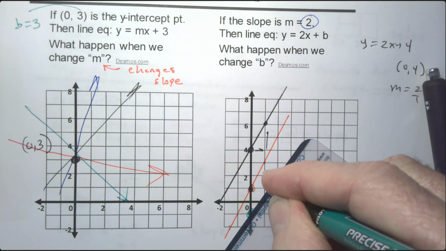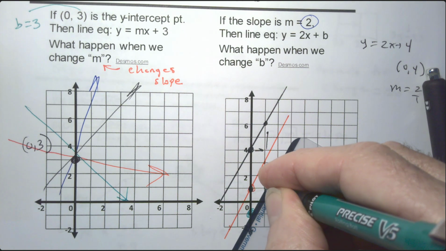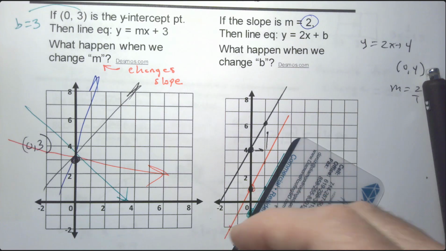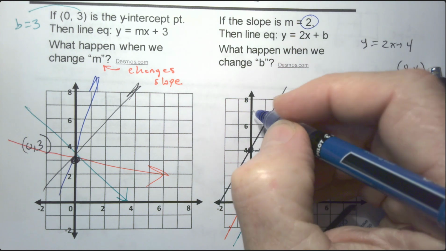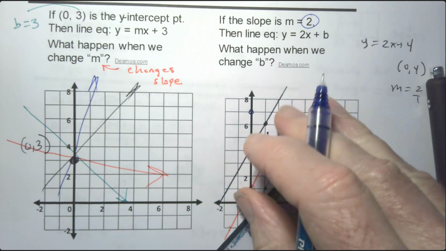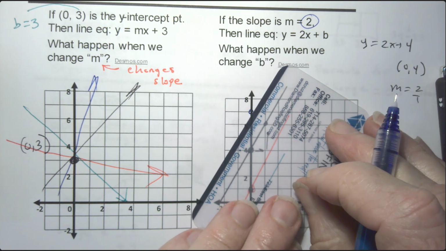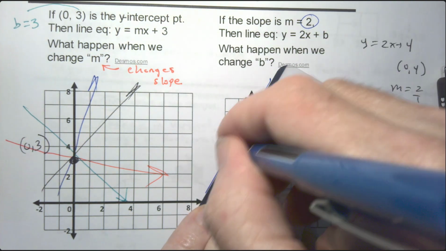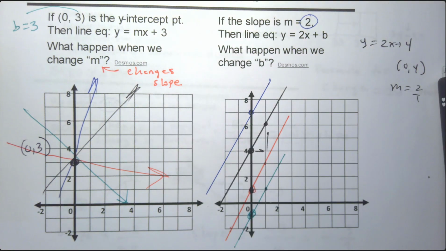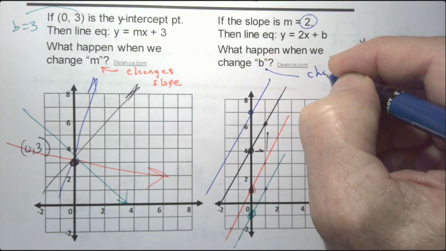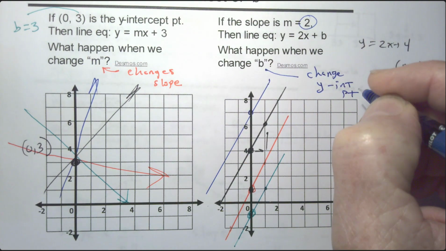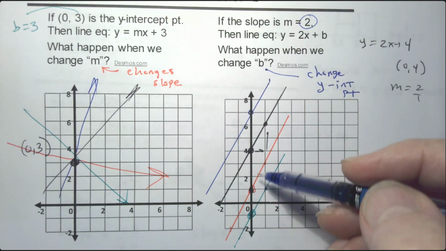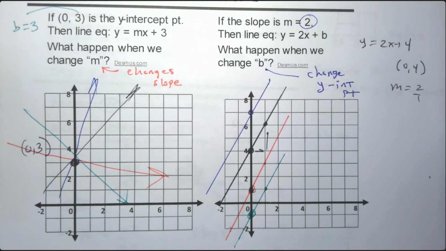It's going to have the same slope. It's just going to hit the y-intercept at a different number. If b was 7, I'd be hitting here, and it's just going to have the same slope. So the effect of b is that it changes the y-intercept point. It slides it up or down depending on the b number.